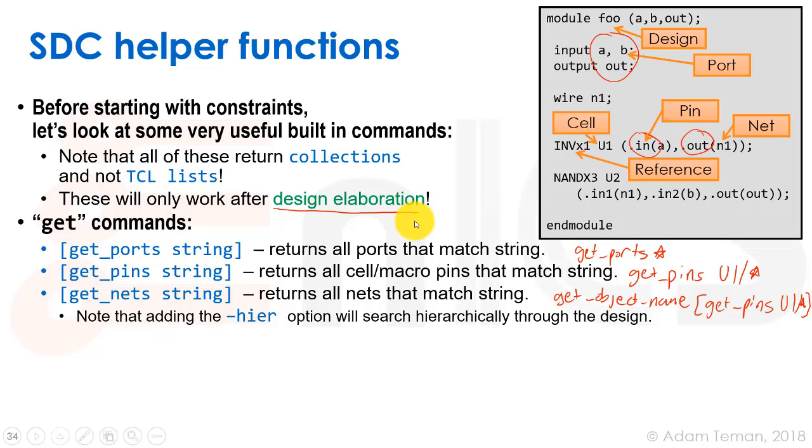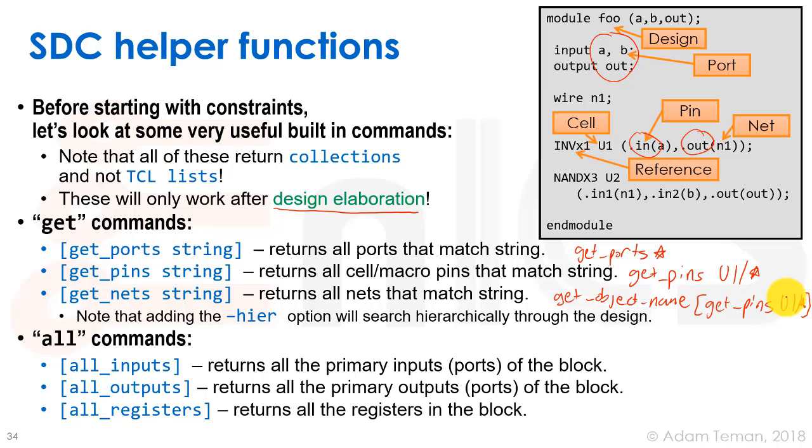Okay, we can also add this minus hierarchical to help us go down in designs if we don't know things like this name U1. Sometimes that can be a bit painful, so there are some easier ways of doing it, which are the all commands. So for example, if we look at the module foo and we only want the inputs, we can use all inputs and we'll get a collection of A and B. If we do all outputs, we'll get a collection that includes out.